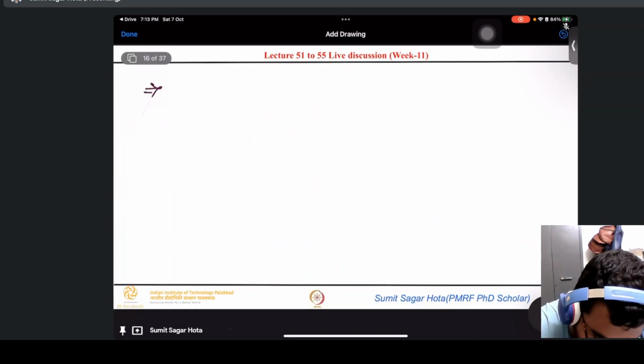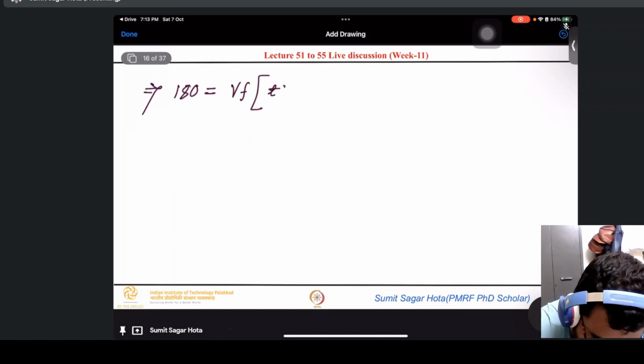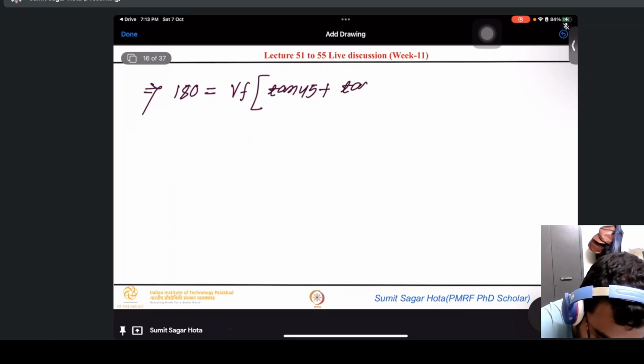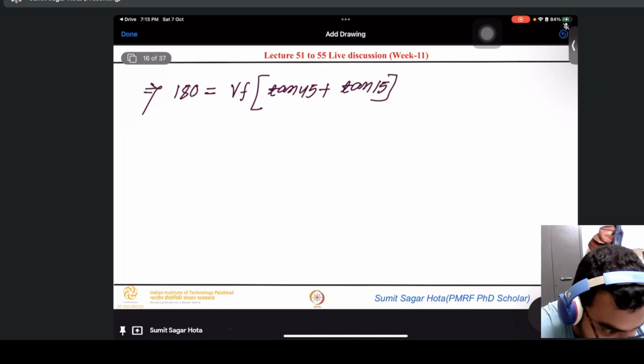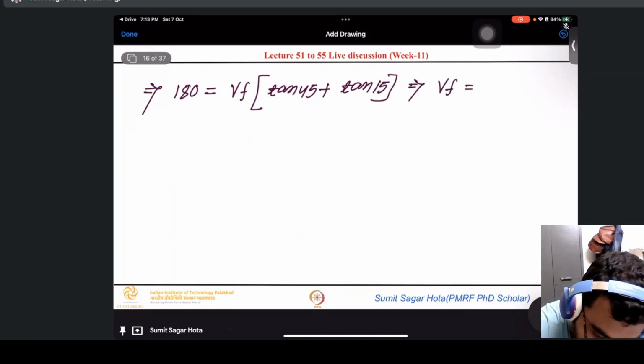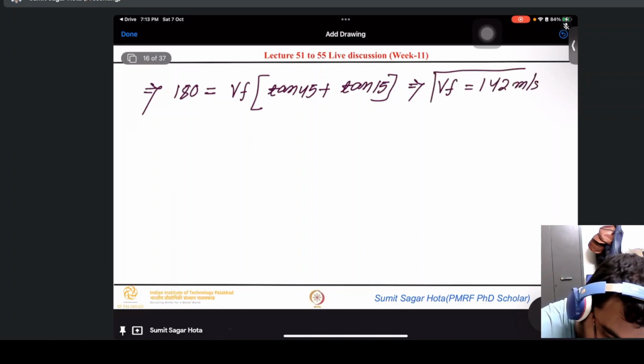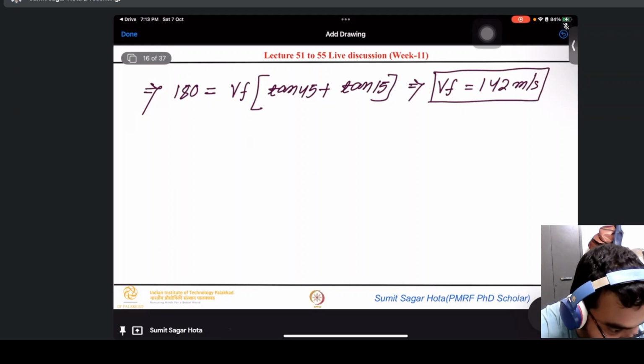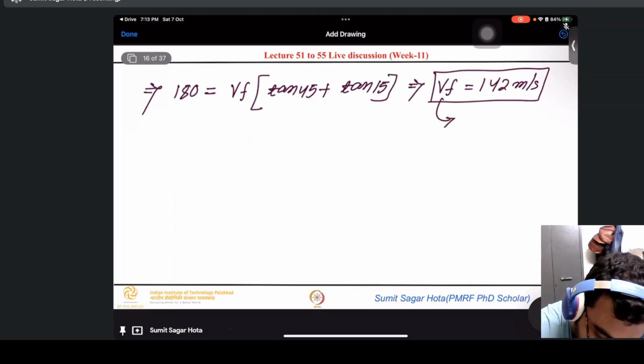We have U equal to 180, which is equal to VF into tan 45 plus tan 15. If you solve, you get VF as 142 meter per second. And what is VF? Your flow velocity.